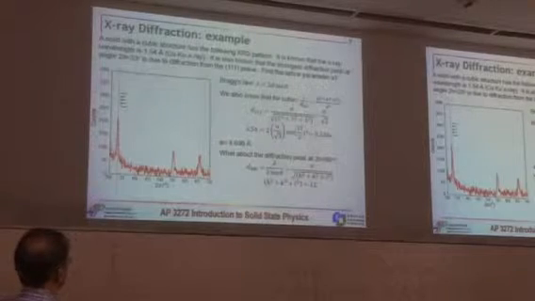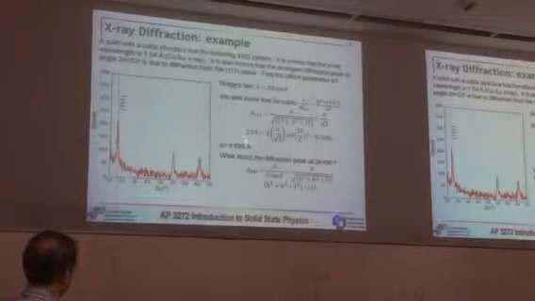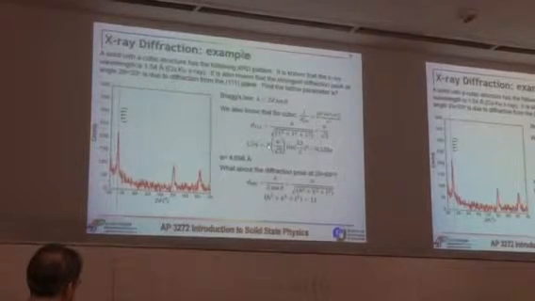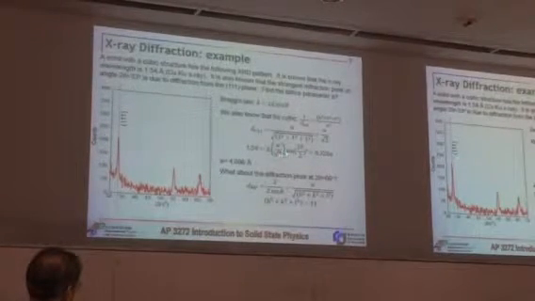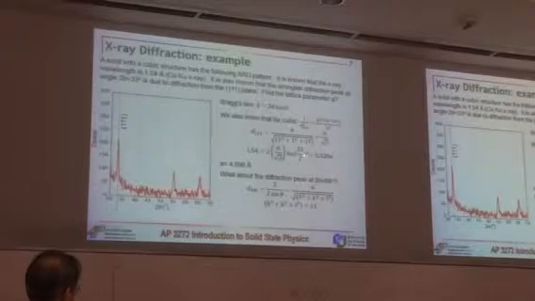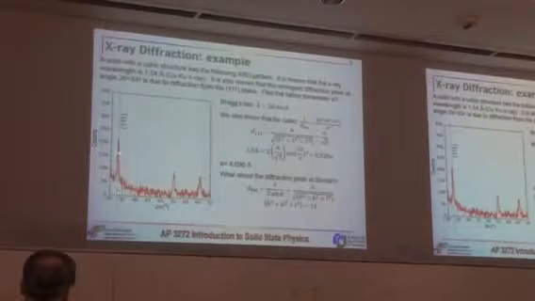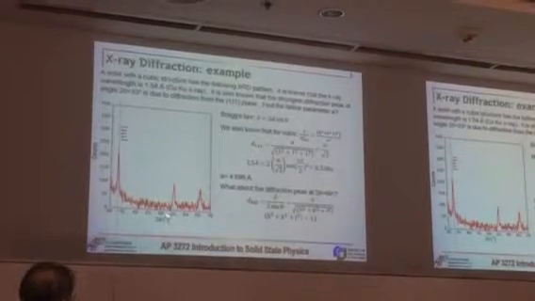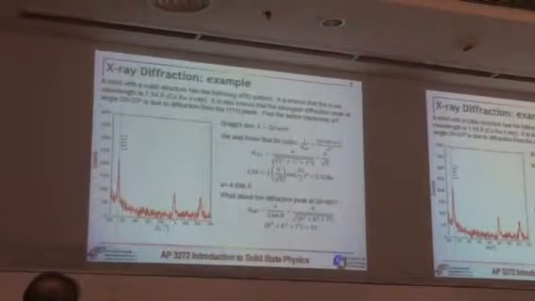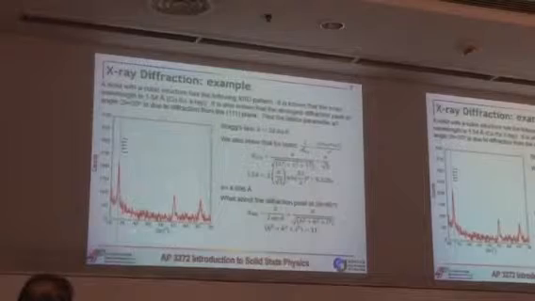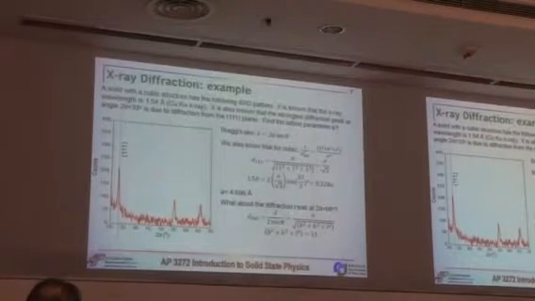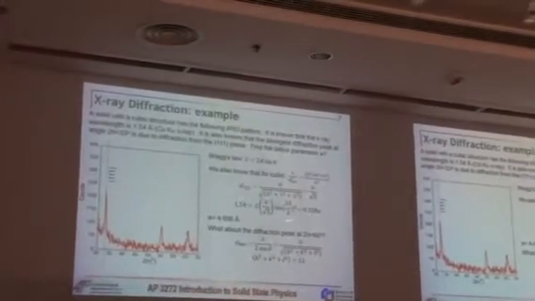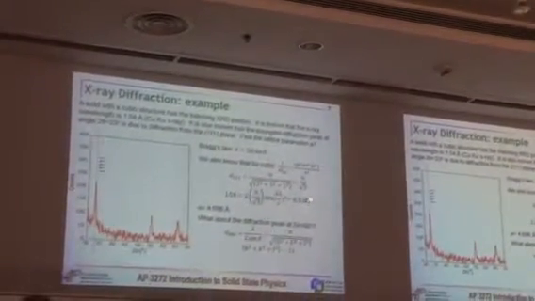Now we apply Bragg's law: 1.54 equals 2 times a over square root 3, which is d, times sine theta. The angle is given to you here as 33 degrees. Normally in X-ray diffraction, this is given in 2 theta, so you have to know whether it's theta or 2 theta. So theta will be half of that, 32 over 2, which gives you sine theta equal to 0.328.